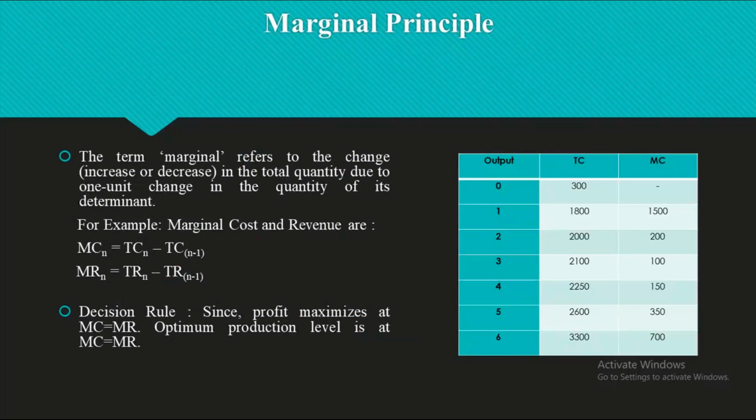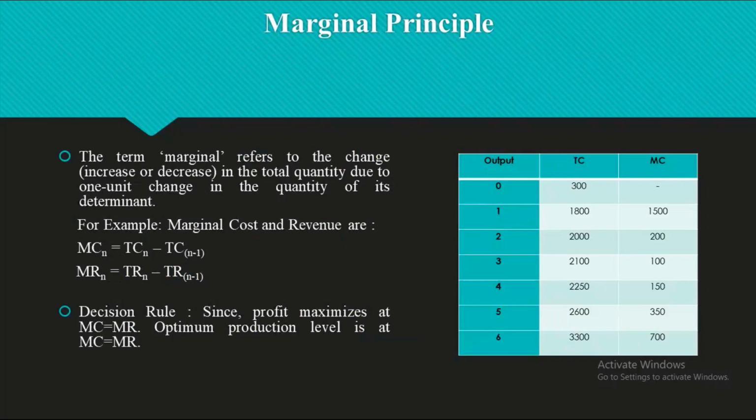Now you might ask why there is a total cost when there is no output, because that is the concept of fixed and variable cost that I will discuss in the chapters to come. So because of the fixed cost, there will always be some amount of cost even if there is no production. So at 0 output, total cost is 300. Here it is in terms of millions.